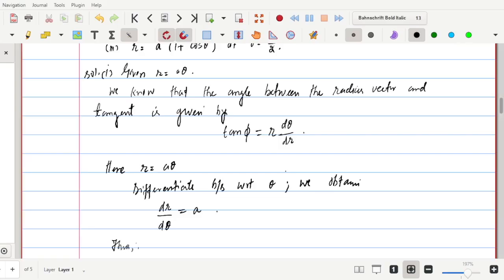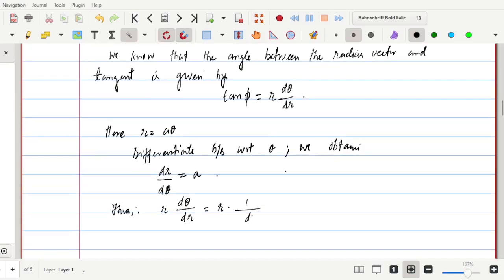So what about r d theta by dr? This is equal to r into 1 divided by dr by d theta. Now our given r is equal to a theta, and we have to divide it by dr by d theta, and dr by d theta is equal to a. So this is equal to theta.